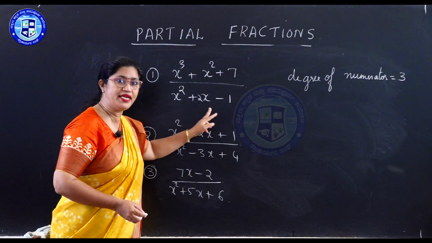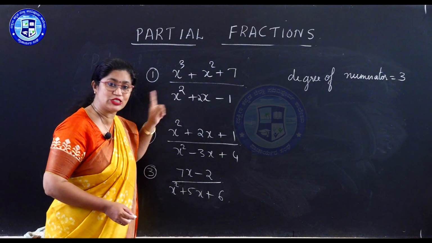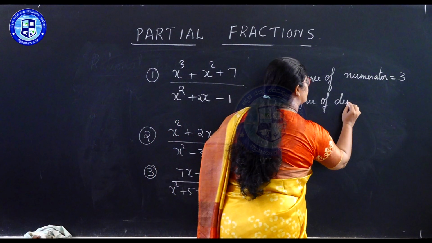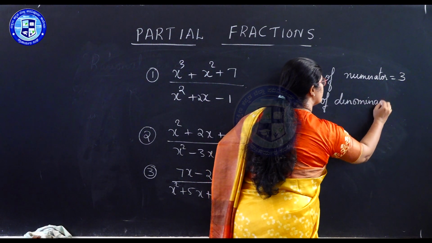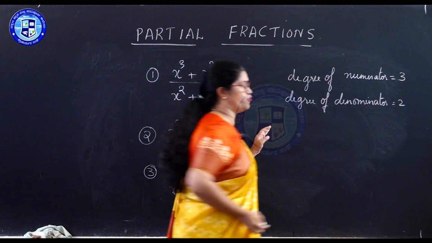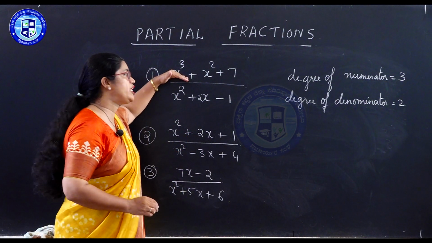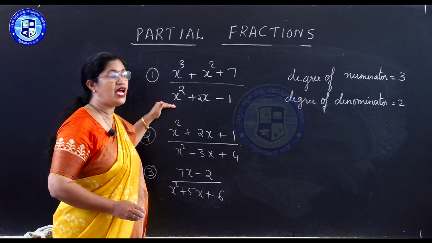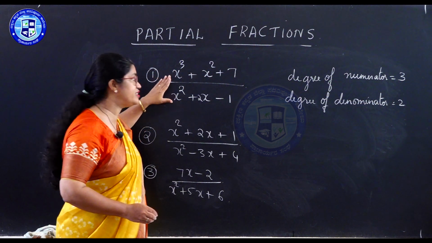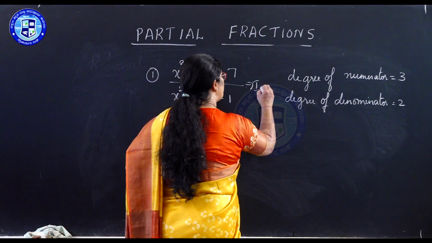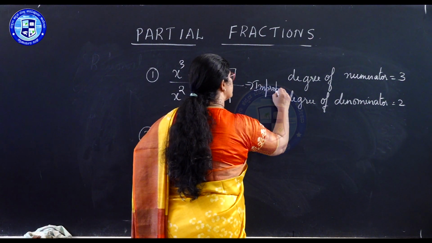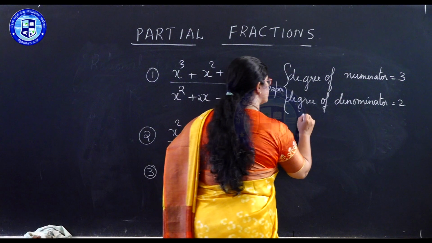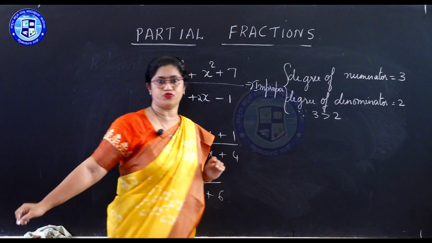Now look at the denominator, the highest power of x is 2, so the degree of the denominator is equal to 2. What do we notice here? The degree of the numerator is greater than the degree of the denominator, and hence we can conclude that this is an improper fraction. Reason? 3 is greater than 2.